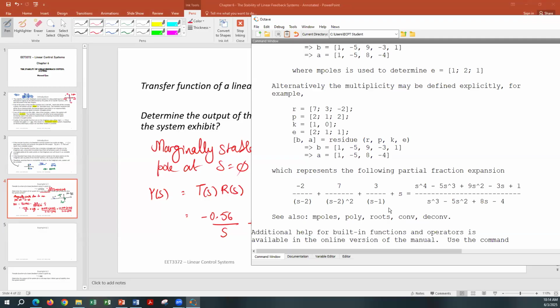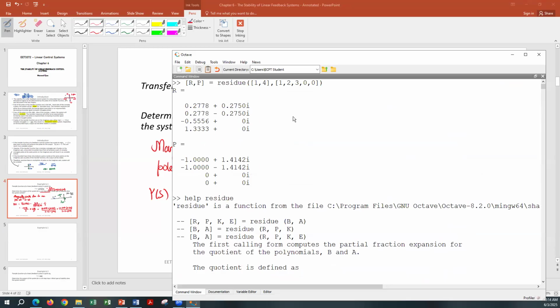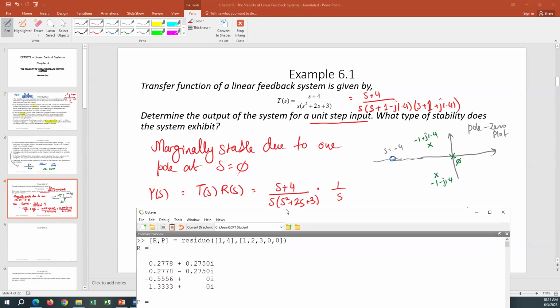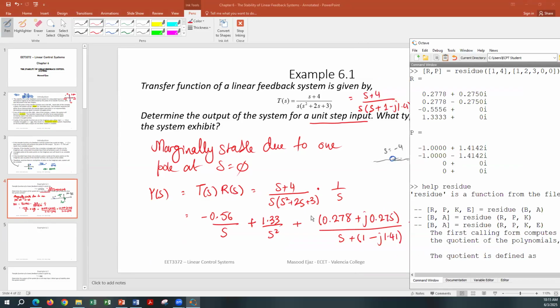Yeah, I'm going to show you, but there was another question, I guess, somewhere. No? Okay. How did I put roots? Okay, let me go. Here you go. So I have s plus 4 in the numerator. So s is 1. So 1, 4. Okay, answer. 0.2778 plus this, that's this factor, right?